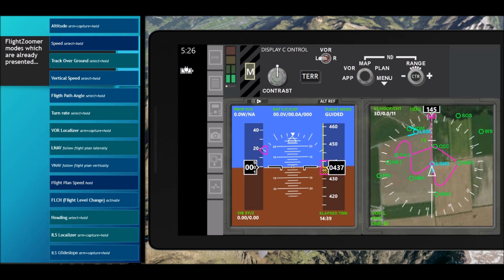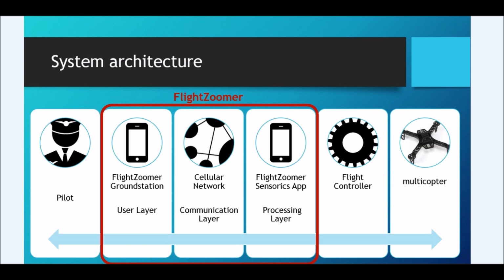Very briefly, let's first have a look at the system architecture. What do we have here? I'm basically showing this app here. That's the ground station. It runs on a smartphone and would be the glass cockpit, located where the pilot is flying the drone.